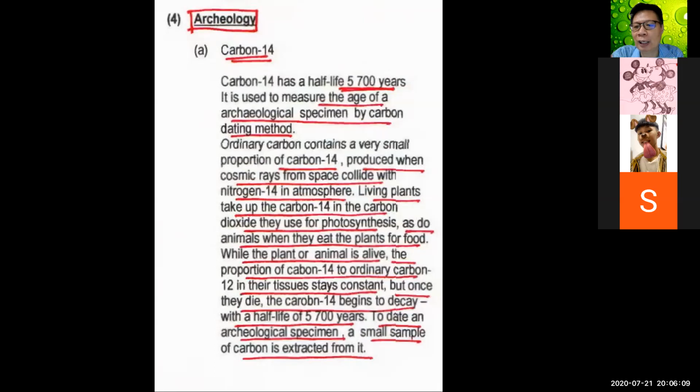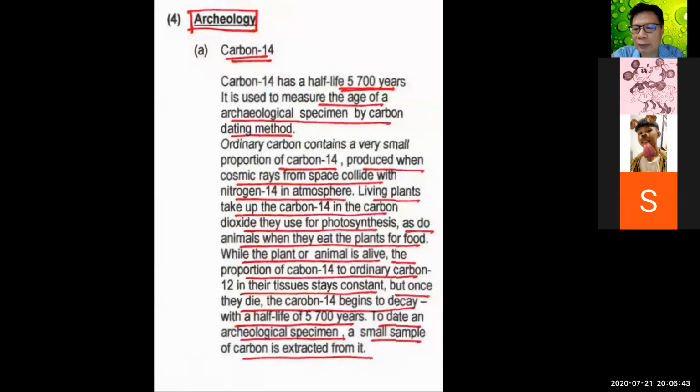Jeff, using carbon-14 to estimate the date, estimate the age, what is the name of this technique?